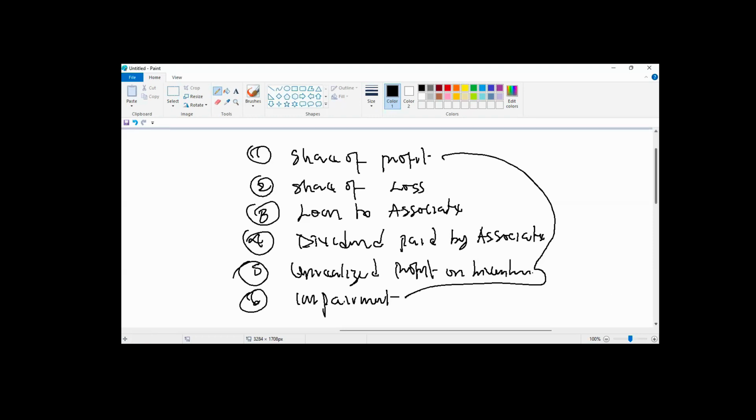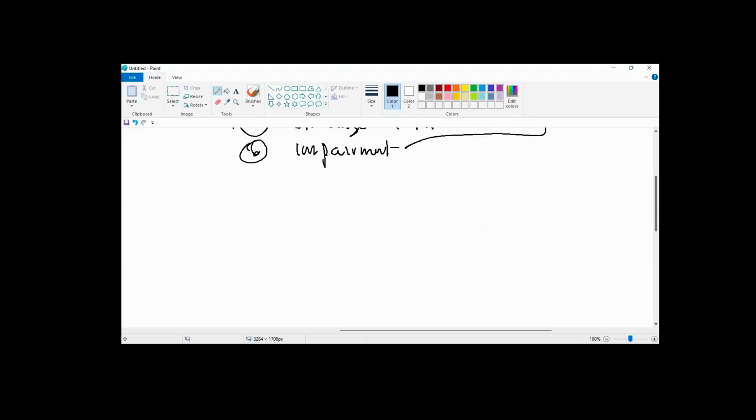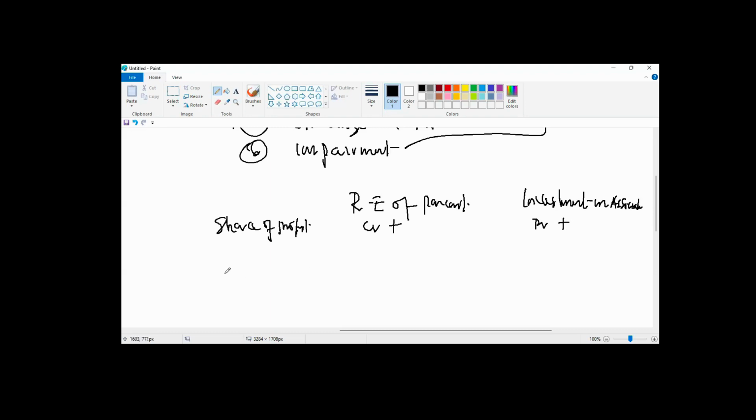What is my duty? Where am I going to debit and credit? 2 places. Retained earnings of the parent, and I will open an account called investments in associates. If there is share of profits, which I will show you with calculation, retained earnings will be credited, investment in associates will be debited.